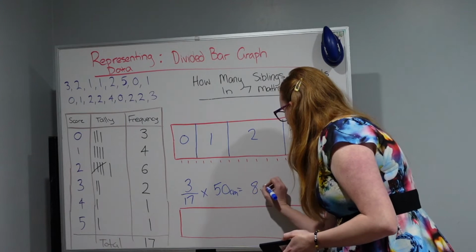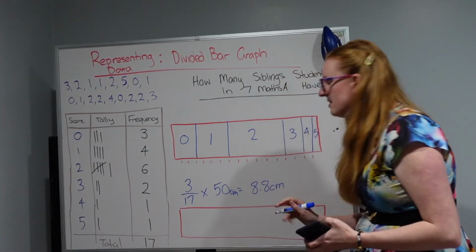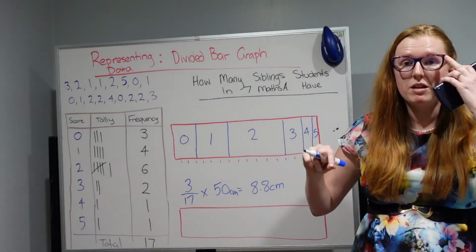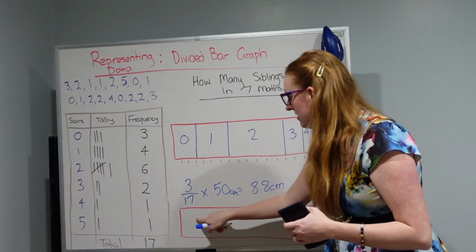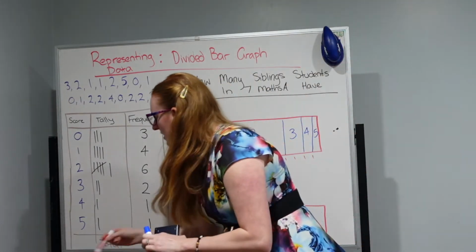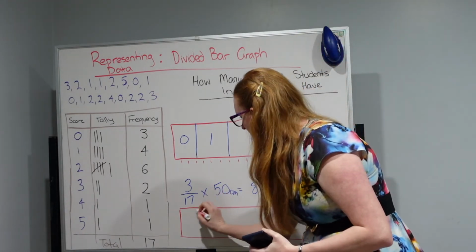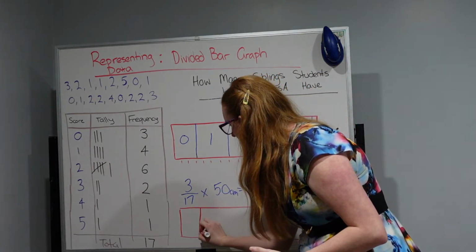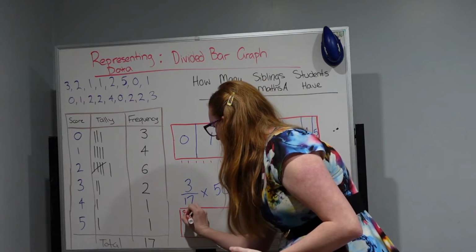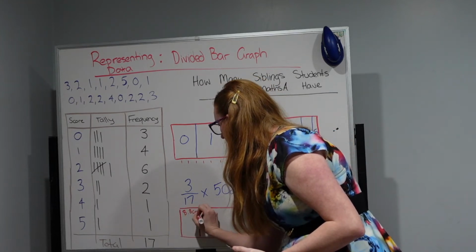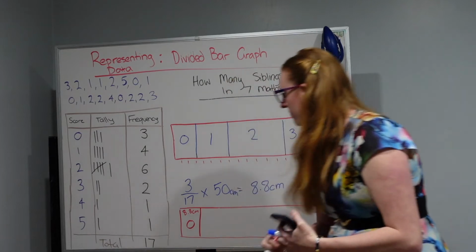So 8.8 centimeters. So that means that I would then get my ruler and I would measure 8.8 centimeters across here, and that is how wide my first slice would be. So, I don't know, 8.8 centimeters might be about there. So 8.8 centimeters, and that would be for score 0.